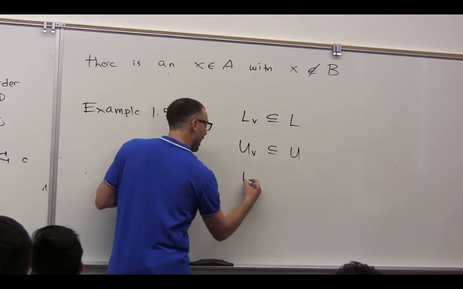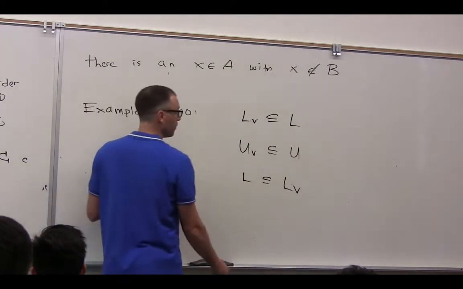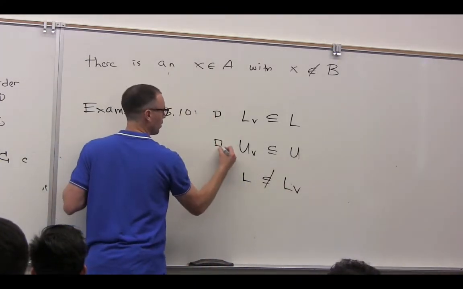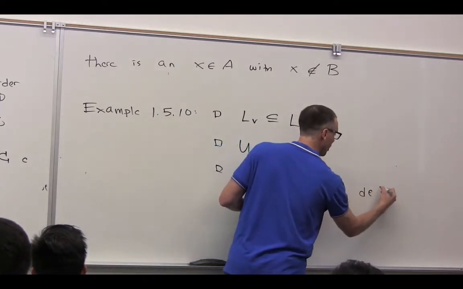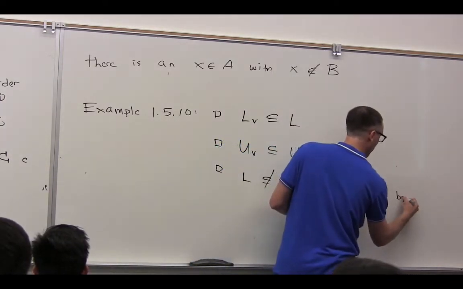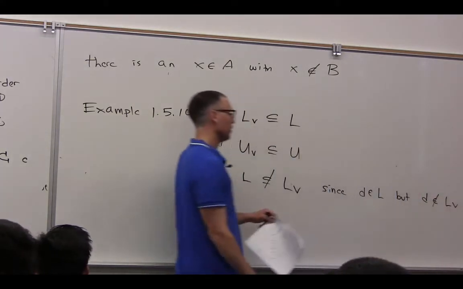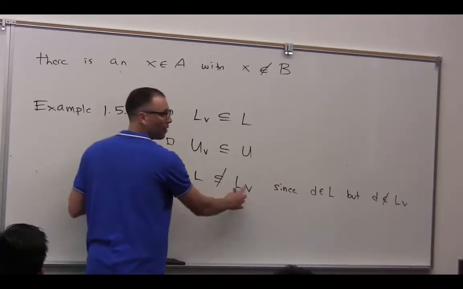What about L subset of L sub v? Not a subset, since D is an element of L, but D is not an element of L sub v. In order to be a subset, everything in the smaller set has to be in the larger set.